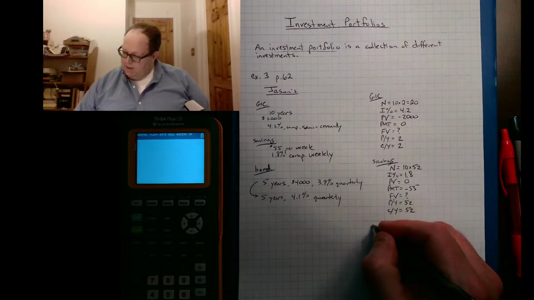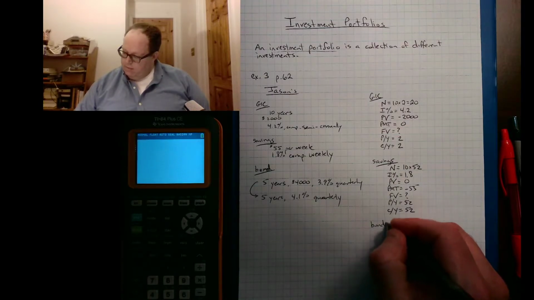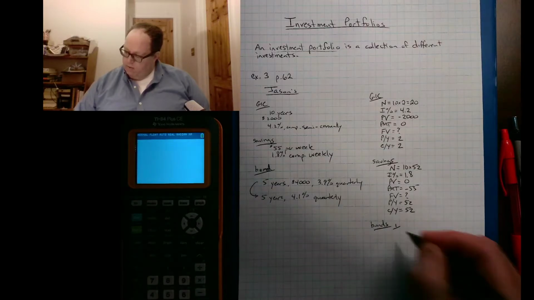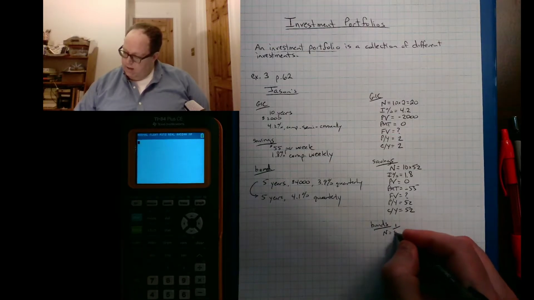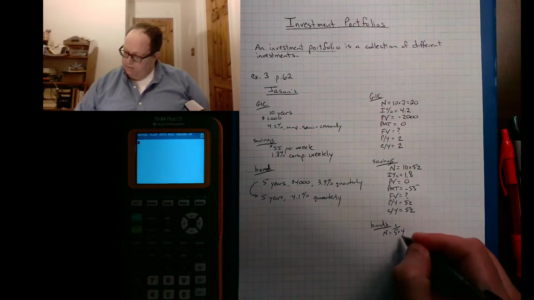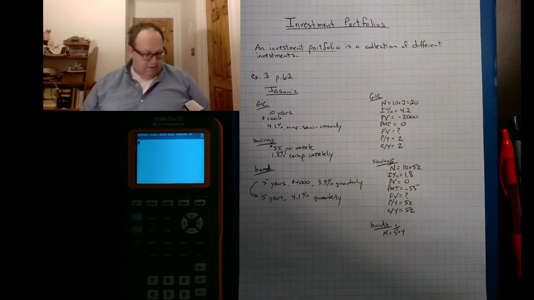And lastly, there are the bonds. Bond 1, n equals 5 times 4, because it's quarterly compounding.